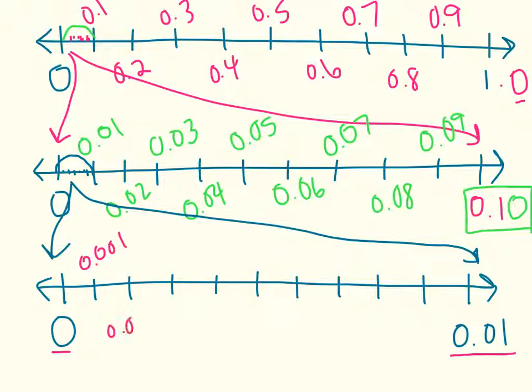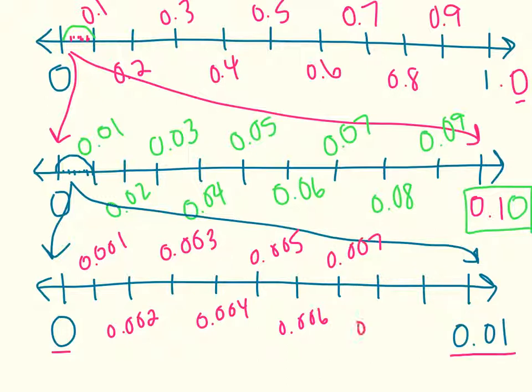So 1 thousandth, 2 thousandths, 3, 4, 5 thousandths, and eventually I will get to 9 thousandths, and the next number would be 10 thousandths. And that is the smallest that we're going to go on number lines, but I know that there could be 10 more tick marks in between those, which would be the next place value.